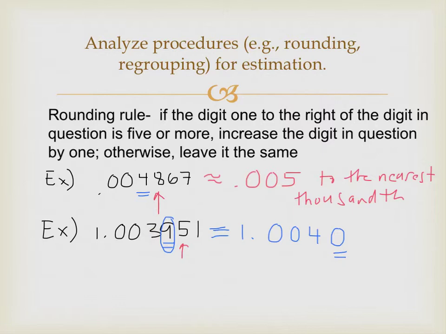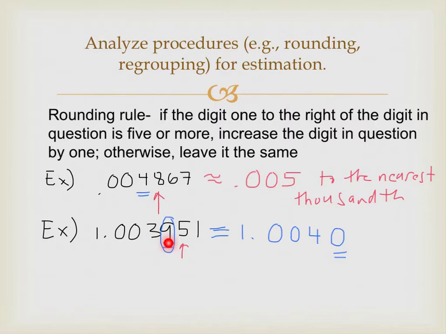So we won't call it 1.004, we will call it 1.0040. So this example illustrates that sometimes when you have to kick one digit up by 1, if it's a 9, it's going to make the digit before it 1 greater, and that 9 will go up to a 0.